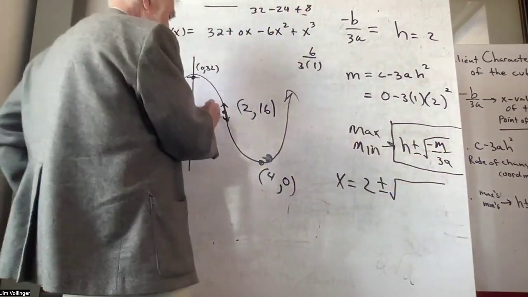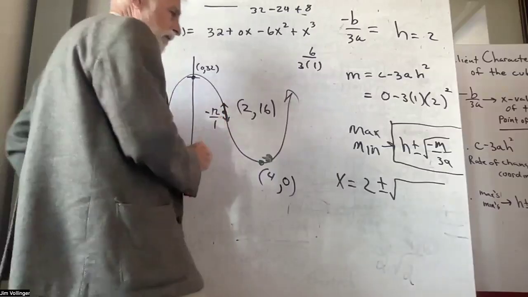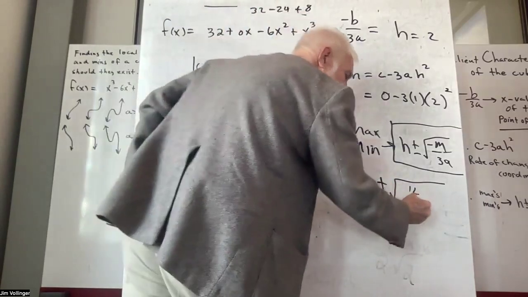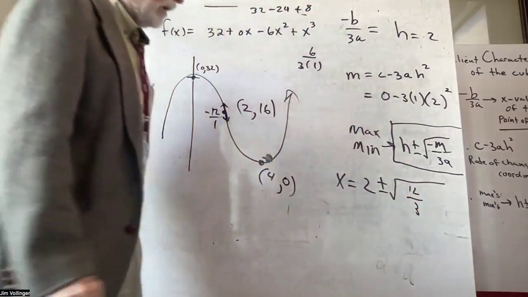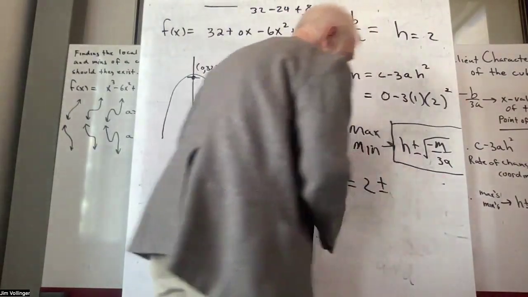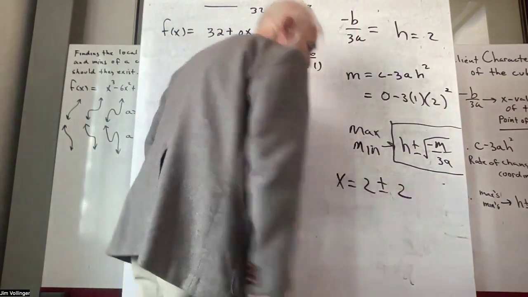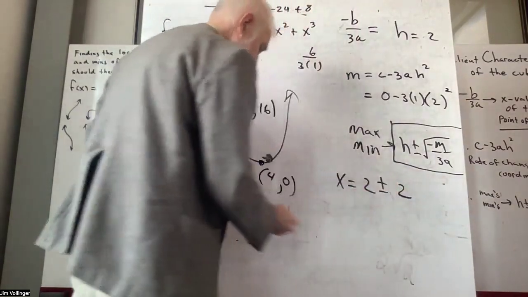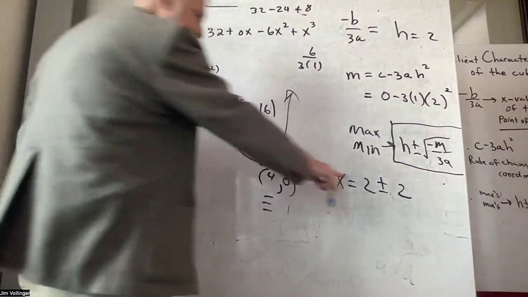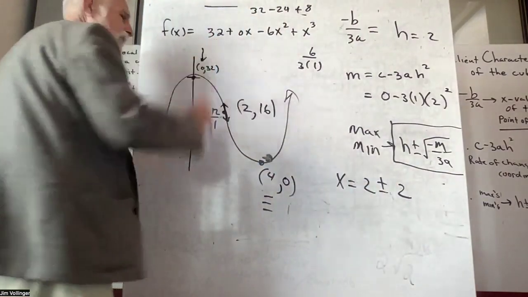The opposite of minus 12, remember we're going down at 12 to 1, is positive 12. And 3 times 1 is 3. 12 divided by 3 is 4, and the square root of 4 is 2. And 2 plus 2, by golly, got me 4. And 2 minus 2, by golly, got me 0.